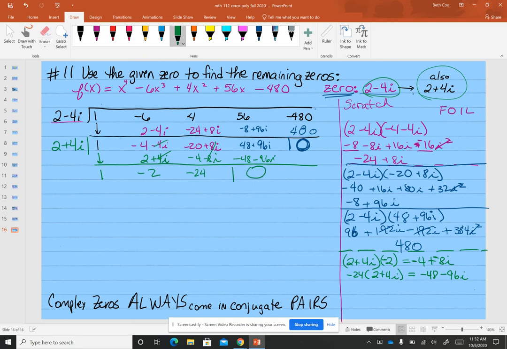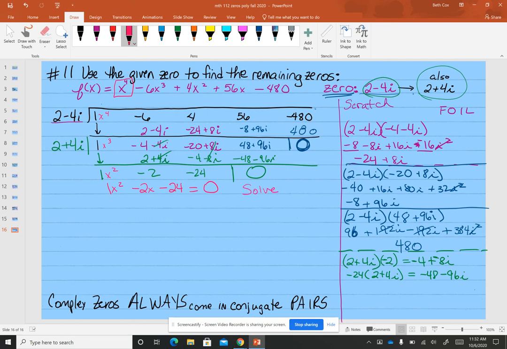Okay, so that second one was a whole lot nicer, but now we are at the point where we have a quadratic. We started with an x to the fourth. This was an x to the fourth, and then this became an x to the third, and now we're at an x squared. So I have 1x squared minus 2x minus 24 equals 0. And I can solve this.